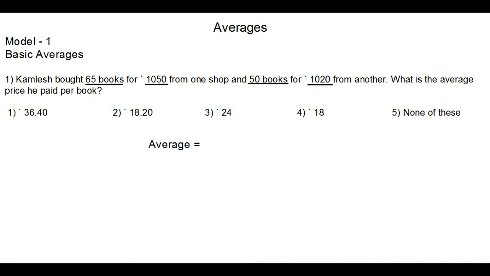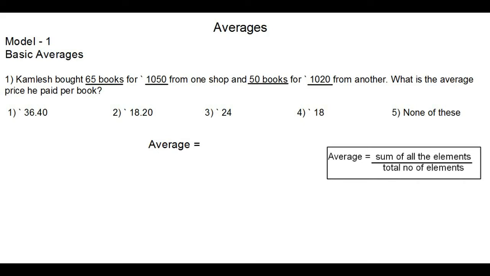As we know from the definition, average is nothing but sum of all the elements divided by total number of elements. Here we need to find the sum of the price that Kamlesh has paid for all the books, that is 1050 in one shop plus 1020 in the other.